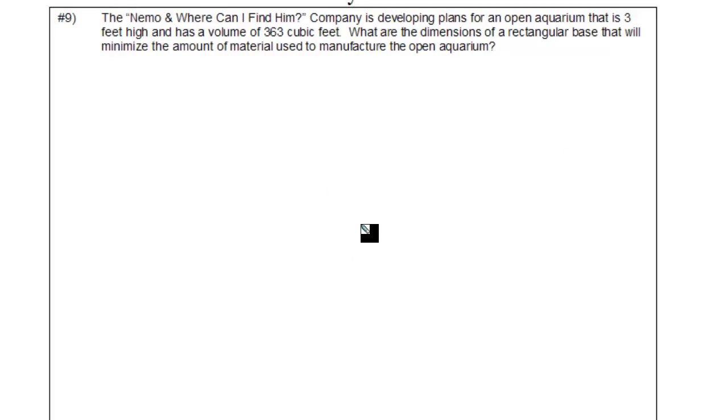Number 9, we have this open aquarium. It has a volume of 363 cubic feet. What are the dimensions of a rectangular base?